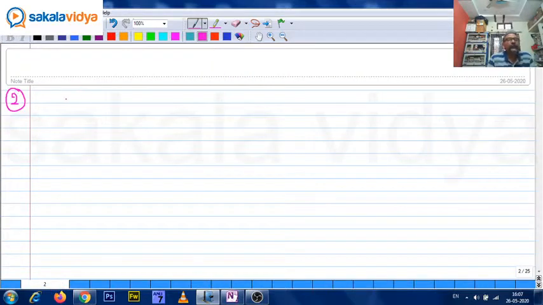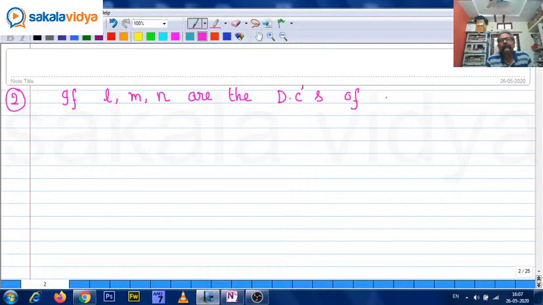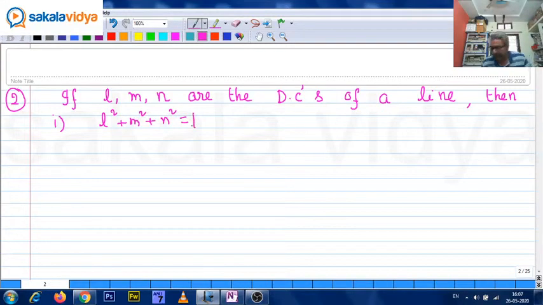We know that if L, M, N are the DCs of a line, then the first point: L square plus M square plus N square is equal to 1. Govind, absolutely correct.